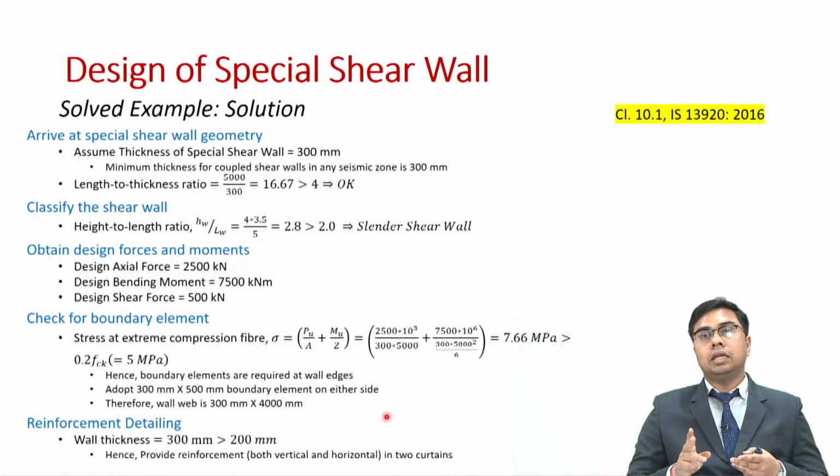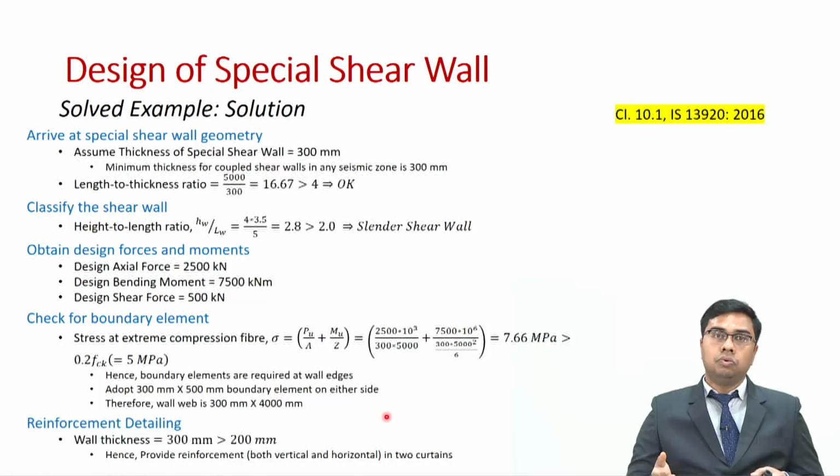Now, if your wall thickness was up to 200 millimeters, then we would have checked the stress, and if the stress was exceeding 0.25 times the square root of fck, then in that case we would have needed to provide reinforcement in 2 curtains.